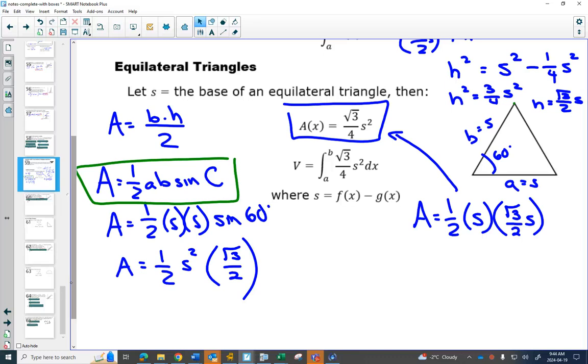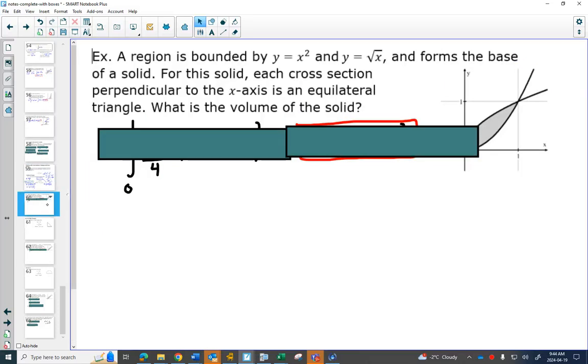So let's look at an example. Here's our same x squared and square root of x graph that we've done. That's the base, and the triangles would be coming outside from that. You'd imagine taking a cross section, again, perpendicular to the x-axis, so our cross section is this way.